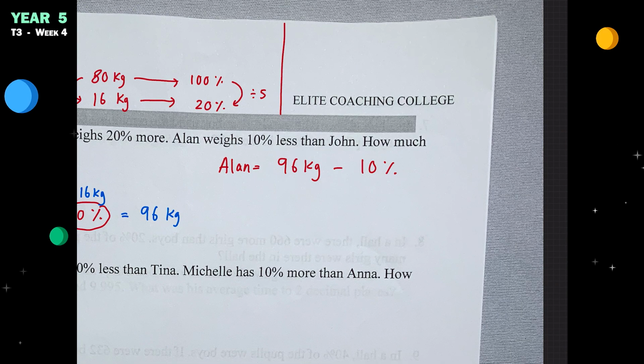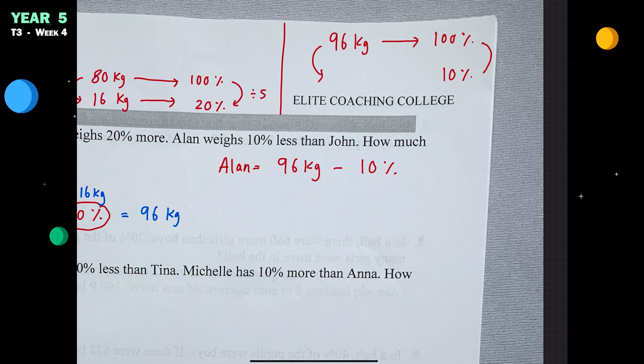So that means that 96 kilograms is your 100%. Now we want to go from 100% down to 10%. So how do we do that? To jump from 100 to 10, you can't do minus or plus. You can only do times or divide. We're trying to find out how many times less or more something is.